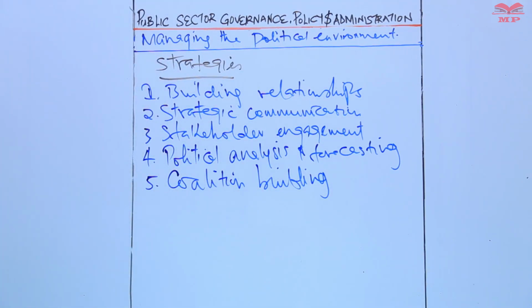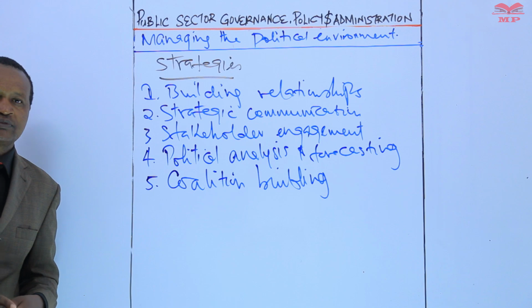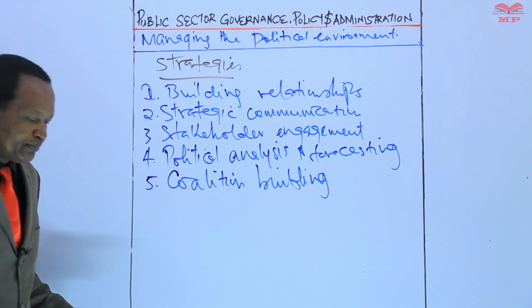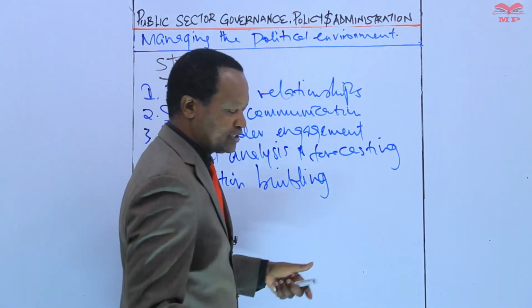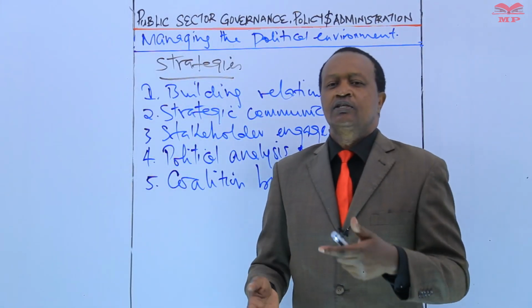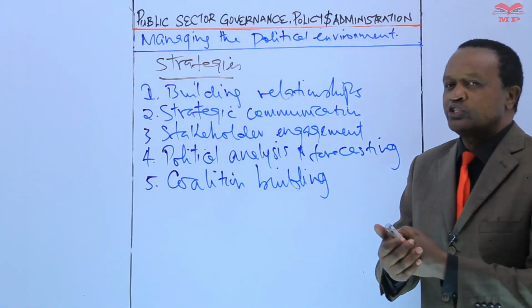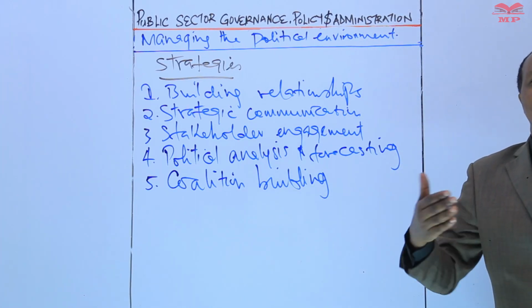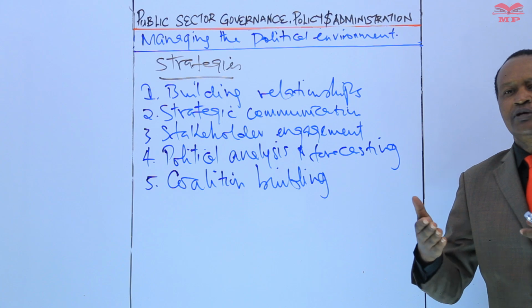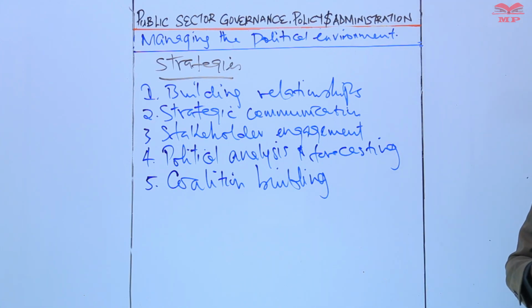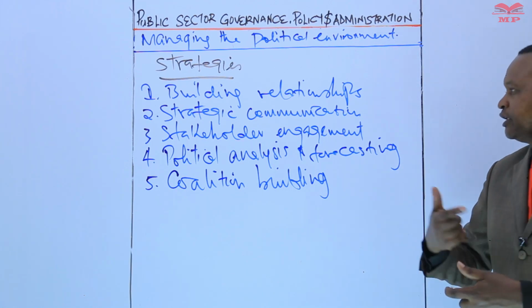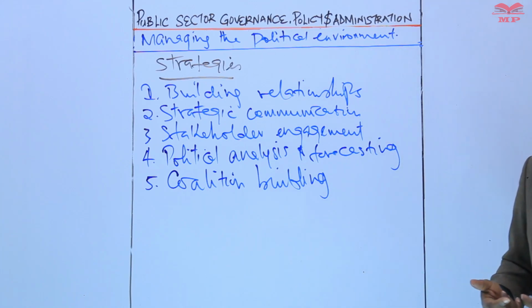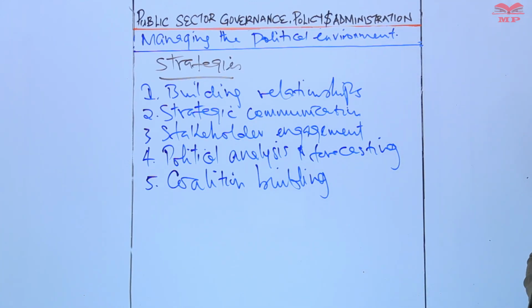Coalition building is another strategy. That is to say, forming partnerships, alliances, and coalitions with other political actors who share similar goals, and who can help the public administrator to manage the political environment.